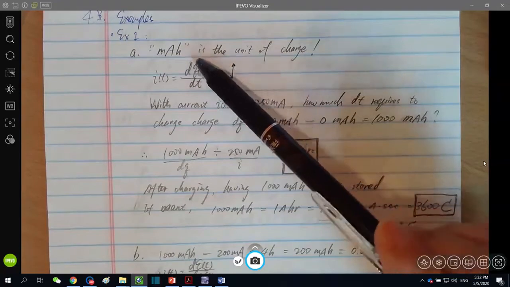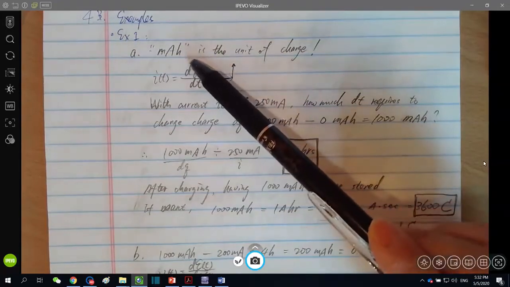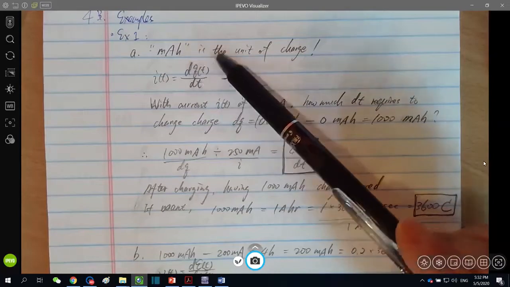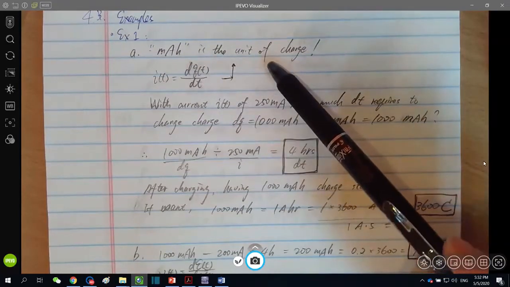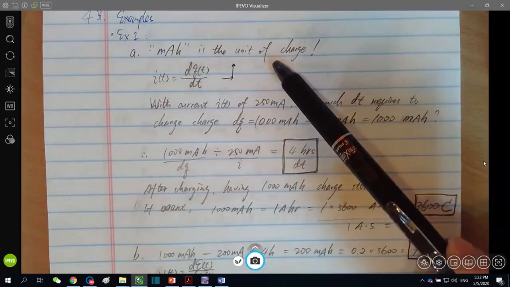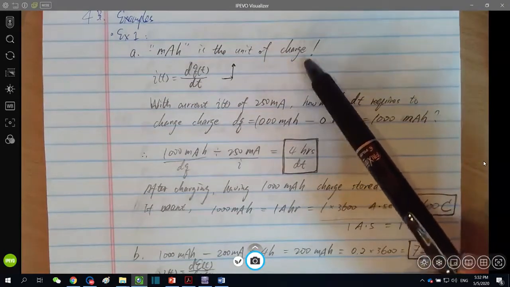So here is a very typical example for that. Milliampere hour is the unit of what? Without knowing this, we can't proceed. Okay, and the answer is the unit of charge.